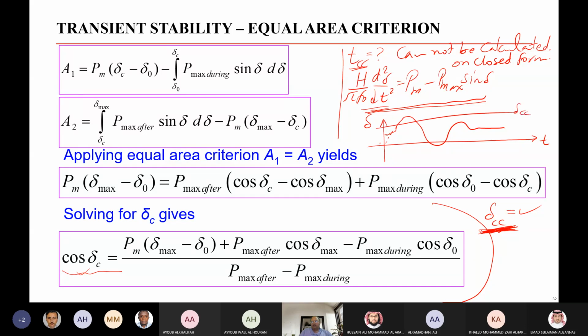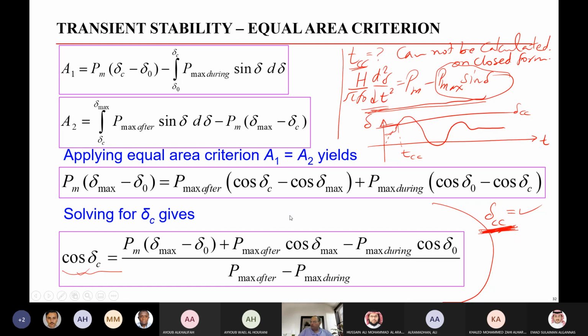This is delta CC here. And this is the time TCC corresponding to this value. So if you have the angle, you have to solve this numerically. The existence of this term makes life very complicated to get the critical clearing time. But this is the critical clearing angle. You have to solve the swing equation in order to get the critical clearing time.